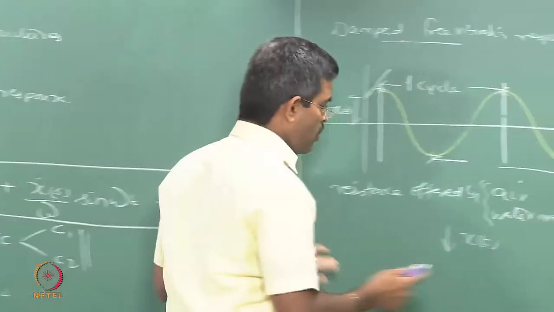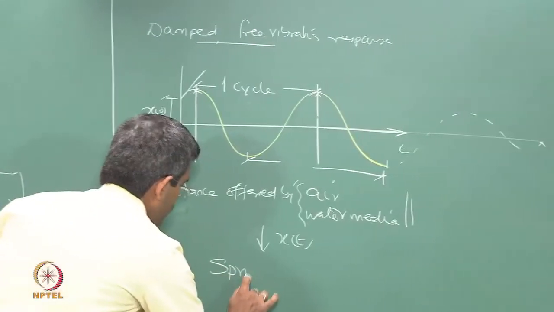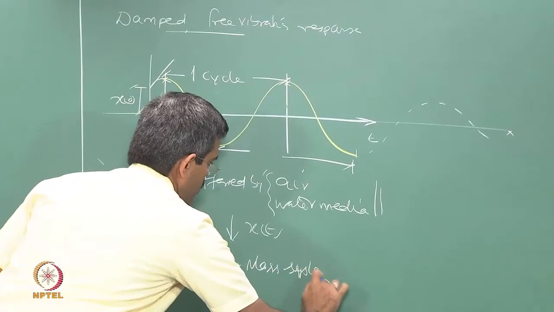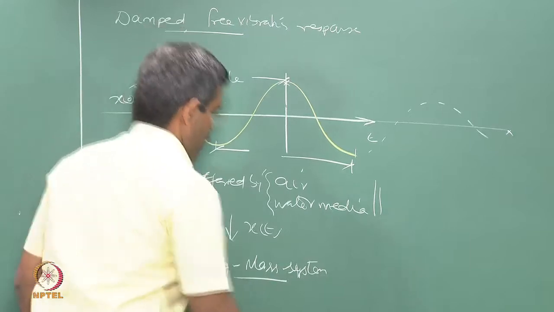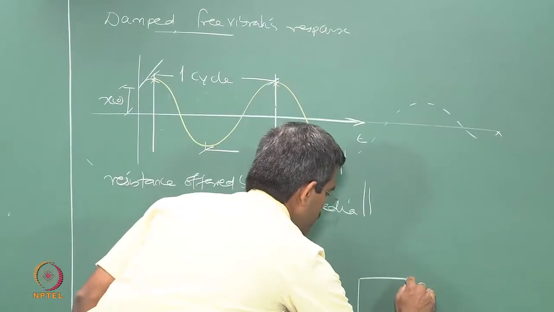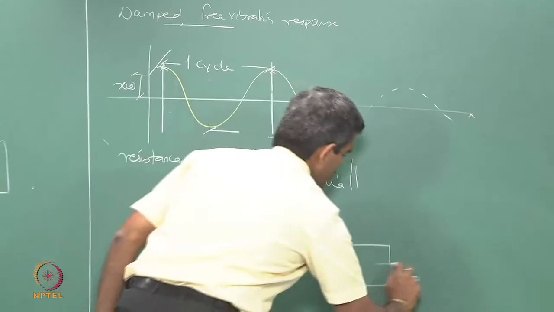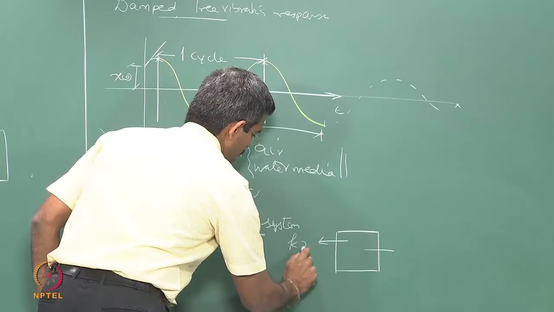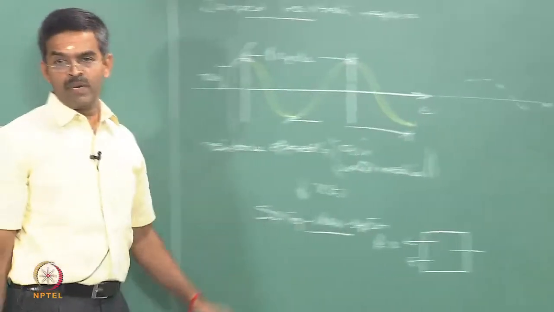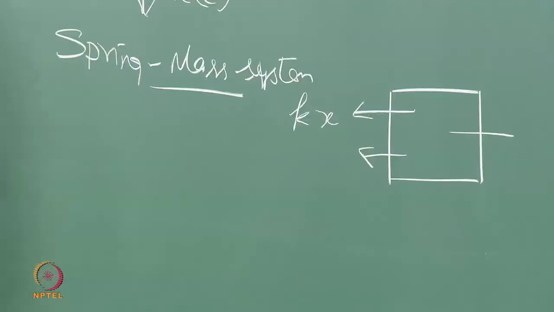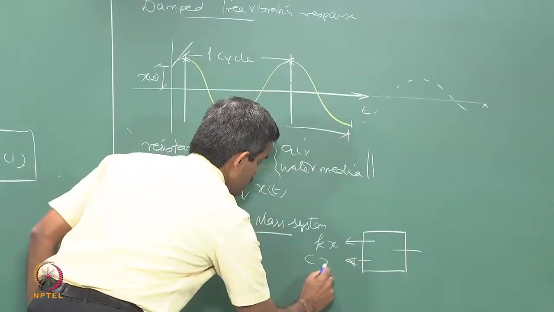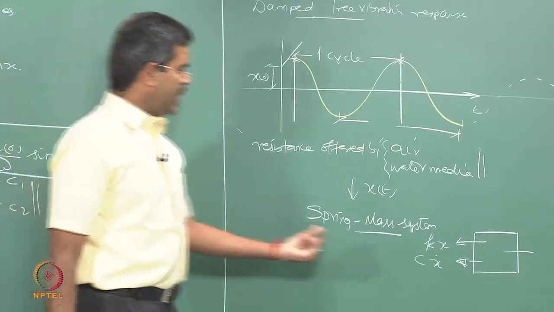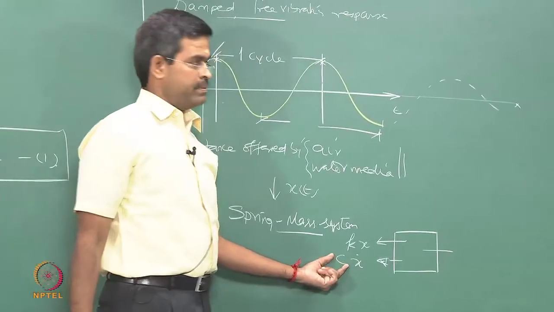My equation of motion for a simple spring mass system: in the free body diagram, this is my mass and acceleration, the restoring force is kx, and one more restoring component, the resistance offered, which will be C x dot. Now, the question is, what are the sources of damping, how many types of damping are there?